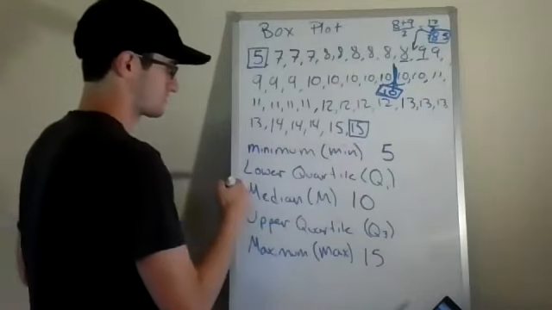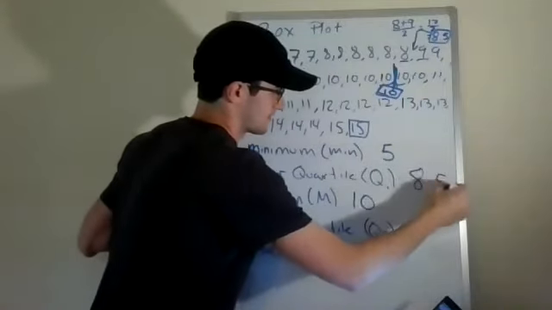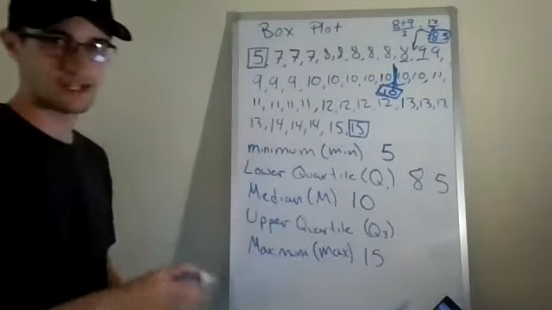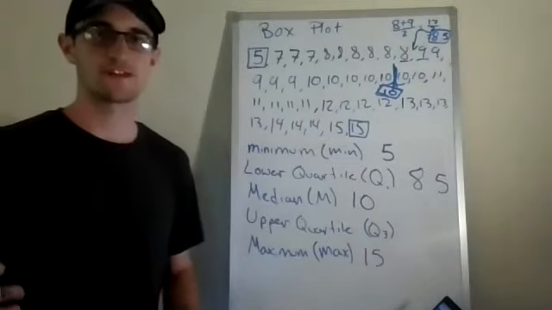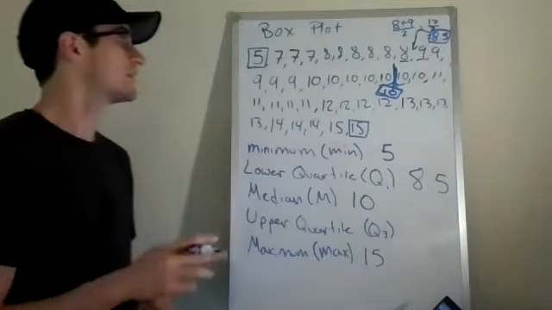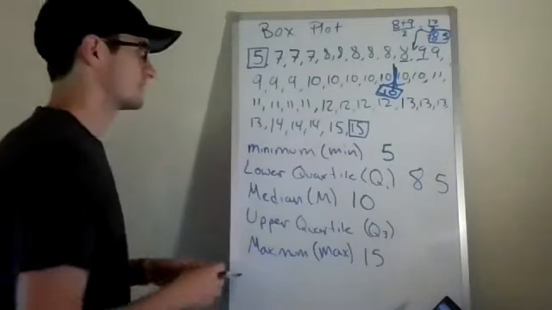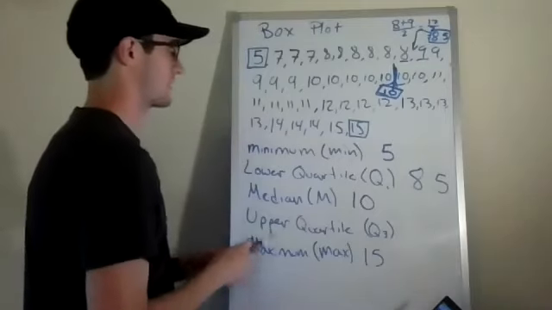So that's actually the number right here. This is our lower quartile, 8.5. If this isn't clicking, making absolutely no sense, there are other videos. I encourage you, Khan Academy is always good. You can find other explanations of all this. I'm also open for any questions if you have any.